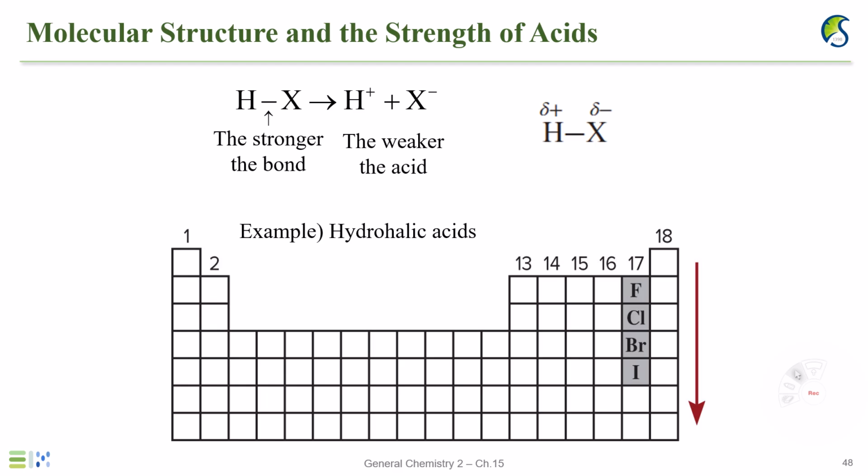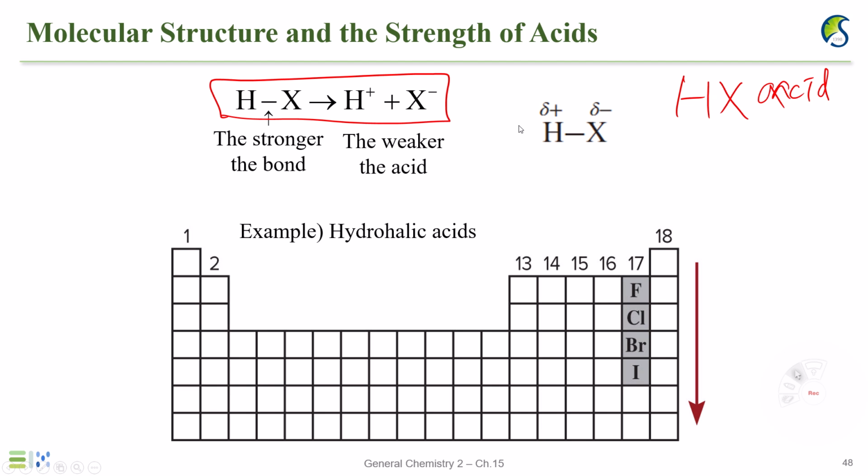Let's say that you have this compound HX, which can potentially be an acid by generating H plus based on this equation.